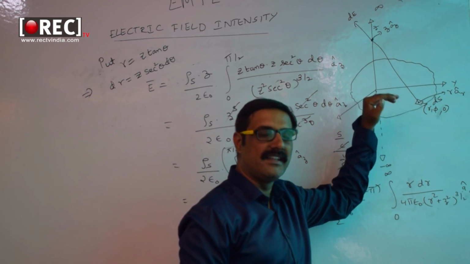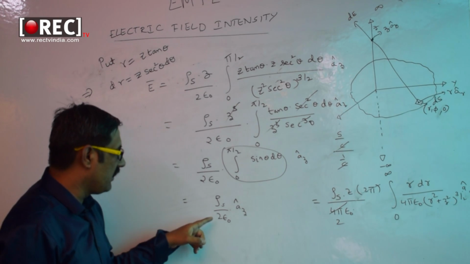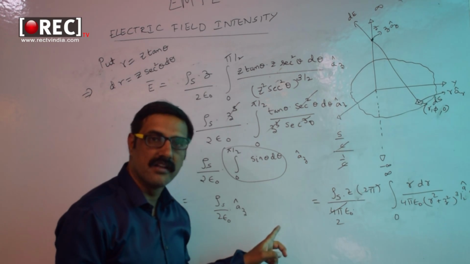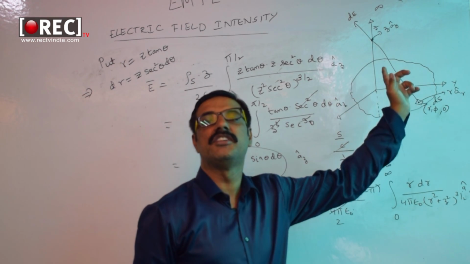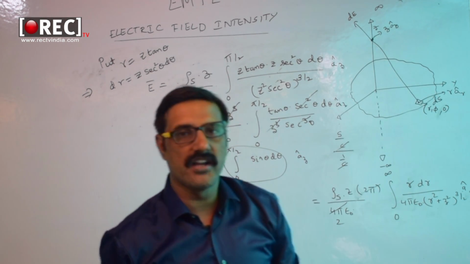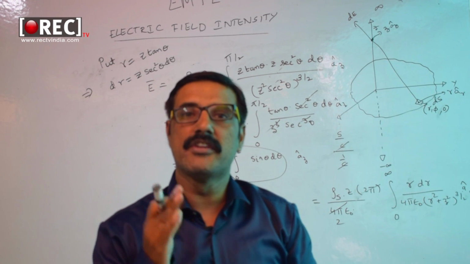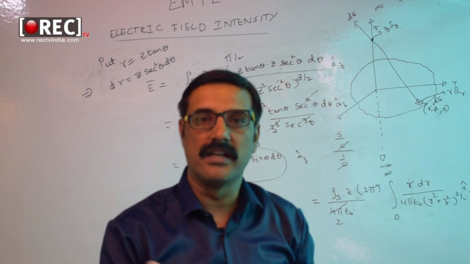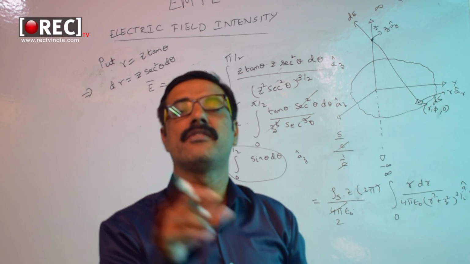So if the sheet charge is lying in the ground plane, the electric field intensity will be in the direction perpendicular to the plane containing the sheet charge. That is, if the sheet charge is along the xy plane, E will be in the z direction. If the sheet charge is along the zx plane, the electric field intensity will be in the perpendicular direction, which is the y direction.